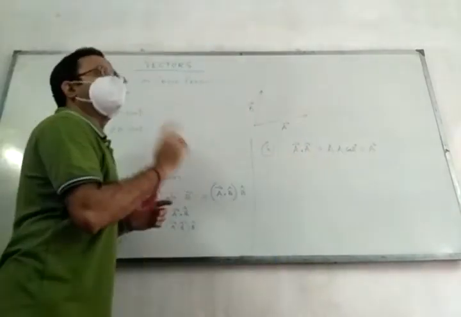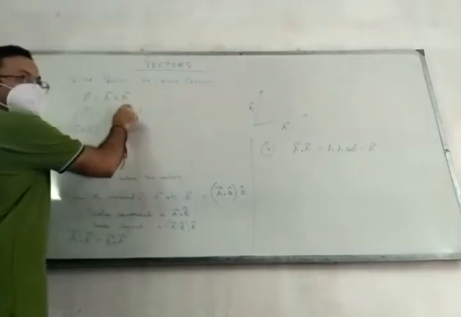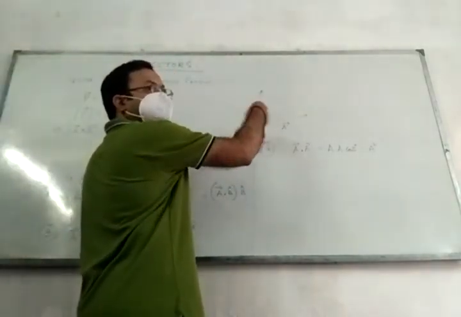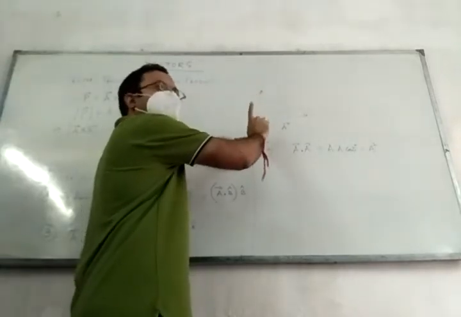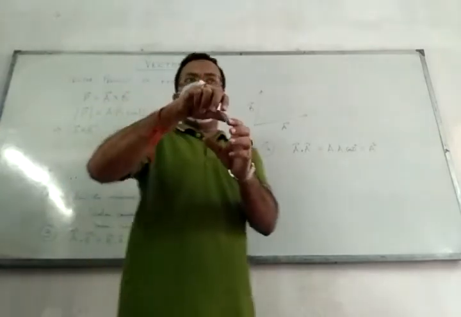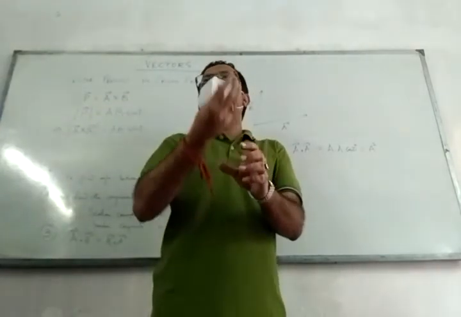So if we make the cross anti-clockwise, we are doing A cross B, right? So A is crossed on B. That means the direction is anti-clockwise, and the anti-clockwise will be directed outside. Like a bottle cap, when you open it, you rotate it anti-clockwise and it comes up.